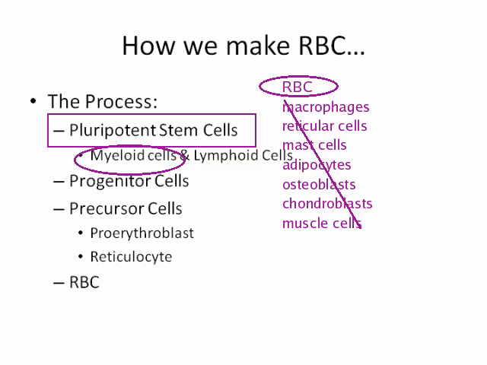Before that happens, we have to give a little bit of due recognition to our reticular cells. The reticular cells will begin to form a network of fibers within the spongy bone. Those reticular cells will serve as the stroma, or the bedrock, for red bone marrow cells to be produced.